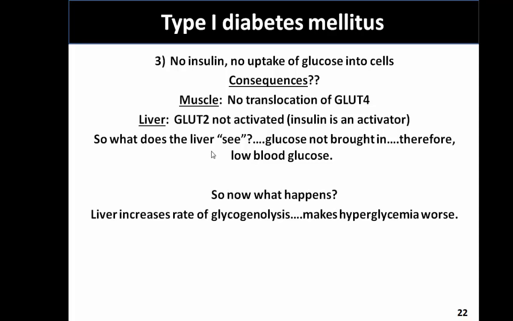That would increase the rate of what's called glycogenolysis. This is the breakdown of liver glycogen, so that the individual glucose molecules are separated from each other in their storage form and pushed into the cardiovascular system, which actually makes an existing hyperglycemic state worse.